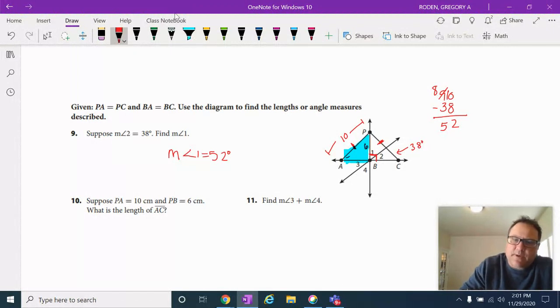And remember what I've been talking about with the Pythagorean theorem. That's a really nice thing because we have a right angle, since it's a perpendicular bisector. So we can say that a squared plus b squared equals c squared.